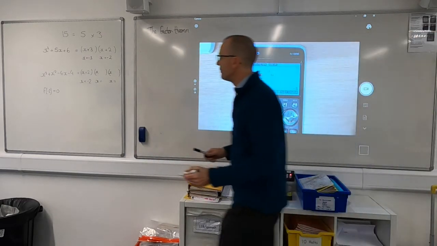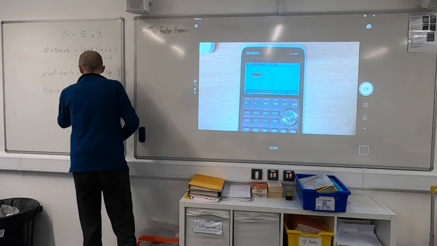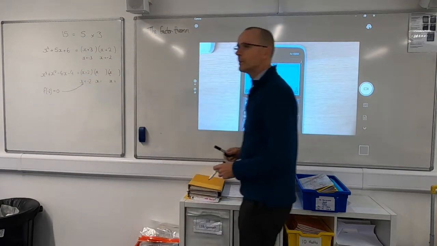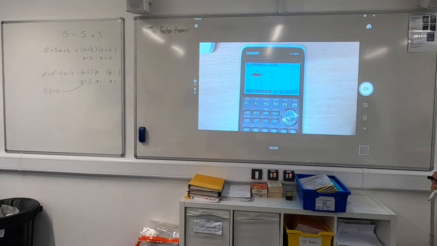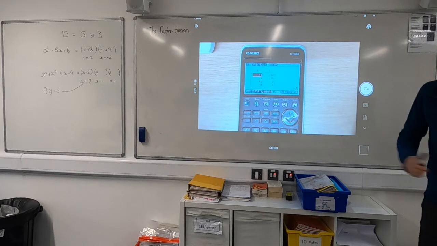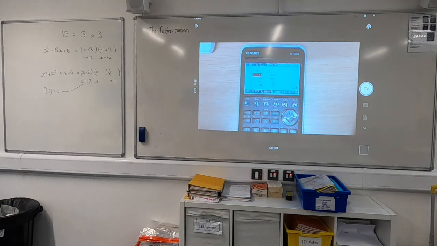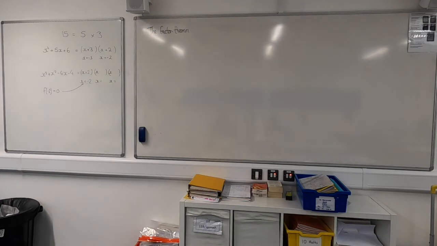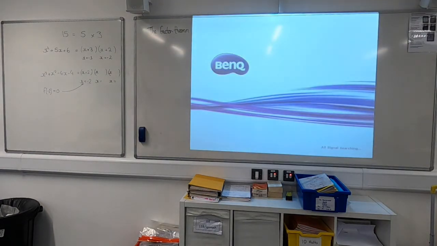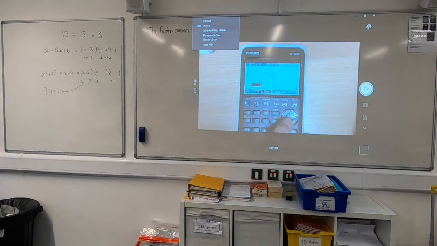So because f of -2 was 0, I could say that means -2 is a solution, x plus 2 is a bracket. Was that the only solution, or we should be able to scroll down the list? -2, -1 and 2.